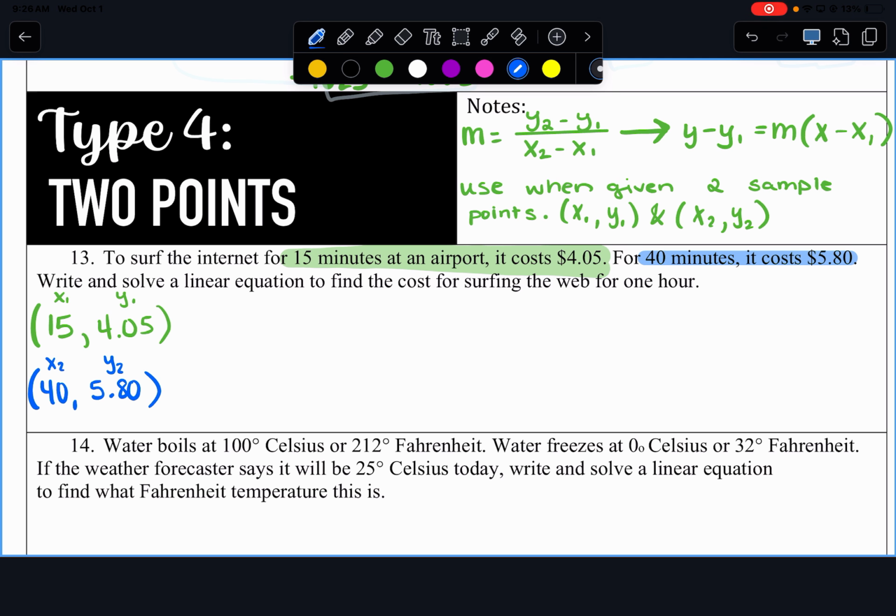So first things first, I have to find slope. For our numerator for slope, I do y2 minus y1. For this problem, what would that be? 5.80 minus 4.05. And then our denominator, what would that be? 40 minus 15. Use your calculator and tell me what our numerator is going to be.